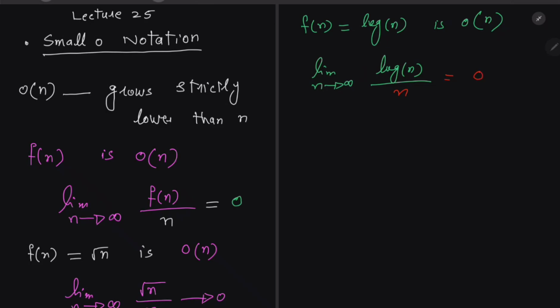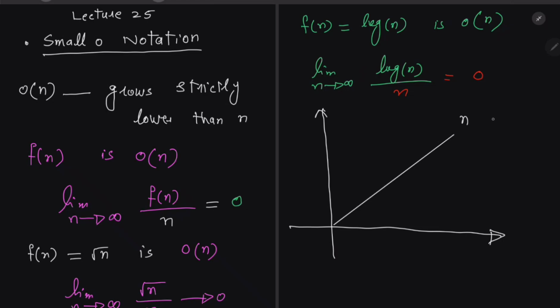Finally, let me give you a comparison of what small o notation will look like. Suppose we have n here. This function is f of n.